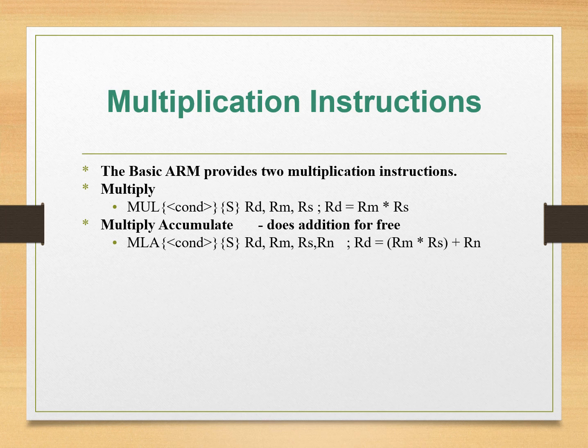The syntax is MLA, then the condition, the suffix S, Rd the destination, and the first, second and third operands. After executing it, the destination register will contain Rm multiplied by Rs plus Rn, all in a single instruction.